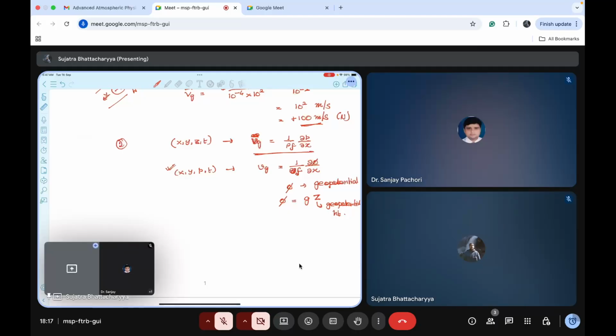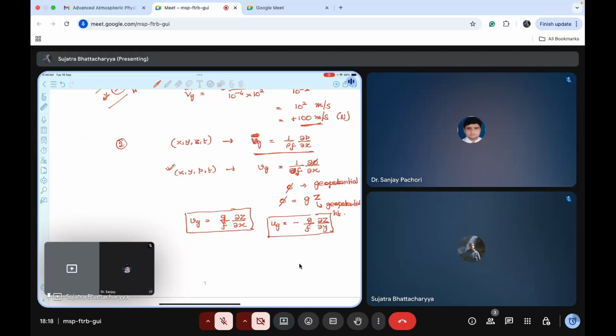So my expression becomes Vg equals 1 by f, g can be taken outside, delta z by delta x. And Ug will similarly be negative g by f, delta z by delta y. This is for the x, y, p, t coordinates, where we calculate the geostrophic wind.